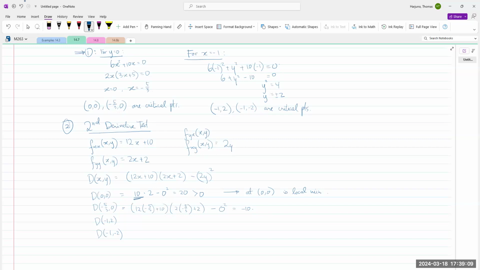Negative 10 over 3, that's negative 4 over 3. I just need to know that's negative. So the determinant is still positive, right? But because the second derivative with respect to x and x is negative, then we know at negative 5/3 comma 0, that's a local max.